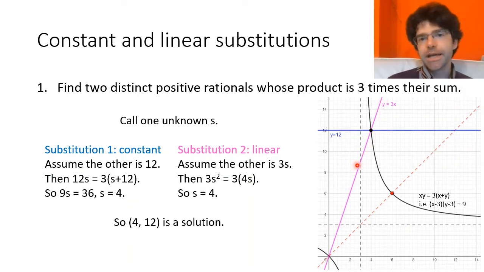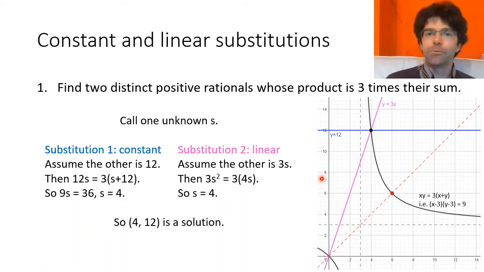Now clearly in this case, the first method with the blue line was more liable to go wrong. If we'd chosen y equals 6 or some value below 3, we wouldn't have found an acceptable solution. Whereas we could have any line through the origin, any line of any positive rational gradient other than 1, and it would intersect the graph somewhere at a rational point that would give a good solution.